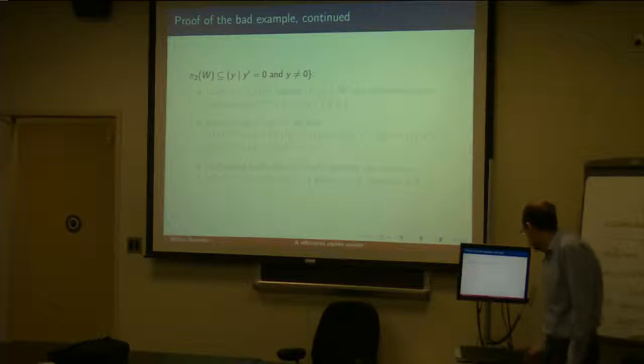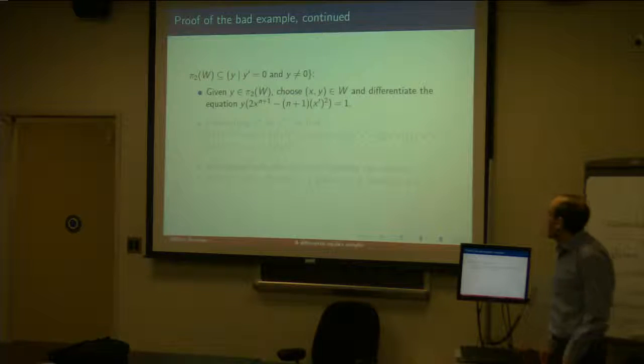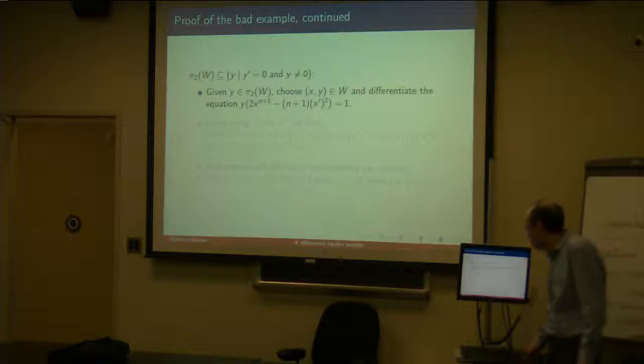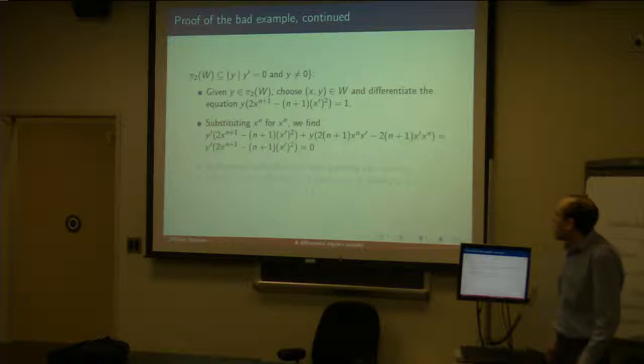So, one direction: we take a point in the image, and so there exists some x satisfying these equations, and we differentiate the second equation that we had. We have the relation x to the n is equal to x double prime.